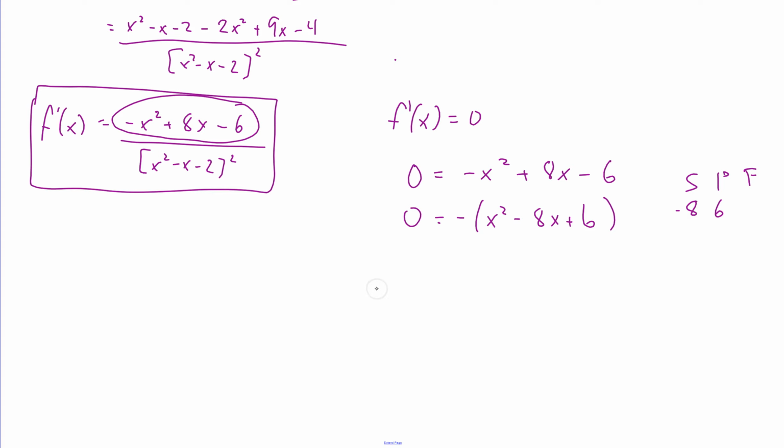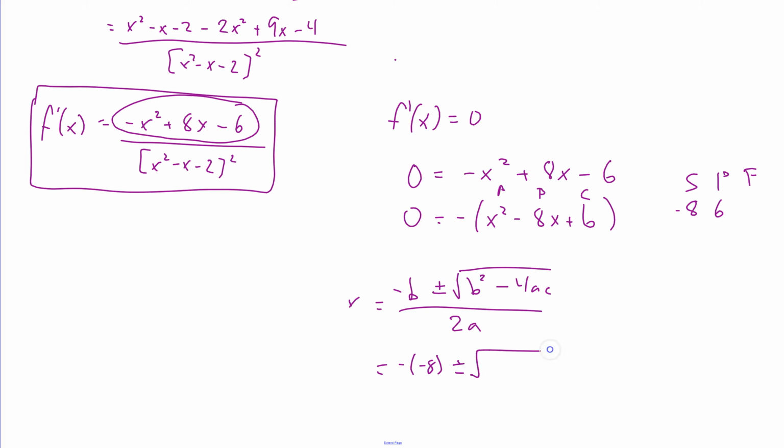So using quadratics, we have a, b, and c. We have minus b plus or minus the square root of b squared minus 4ac, divided by 2a will give us our x's. So we have minus negative 8 plus or minus the square root of negative 8 squared minus 4 times 1 times 6, divided by 2 times 1.